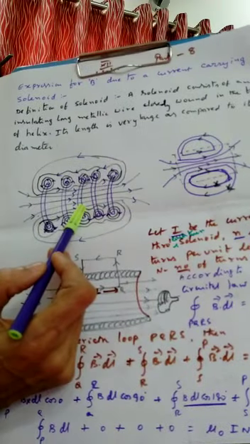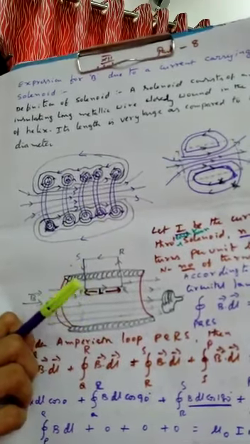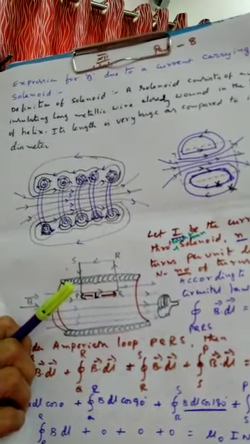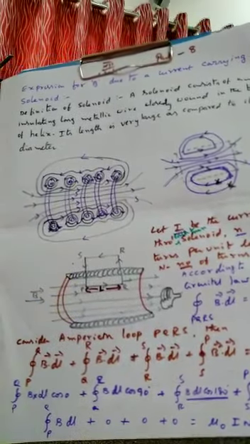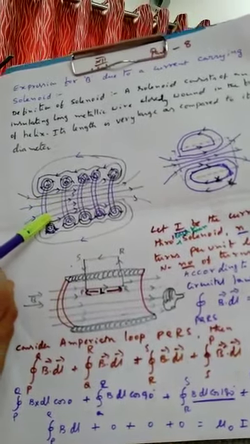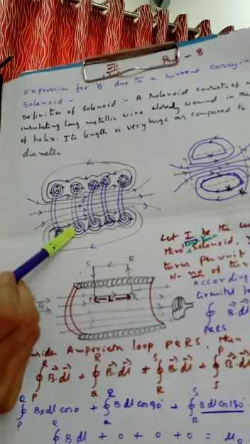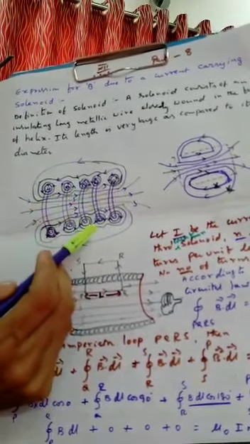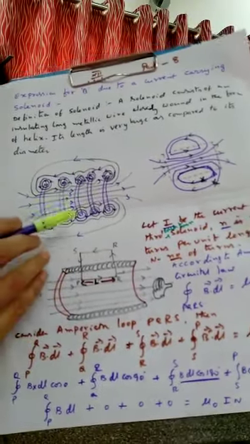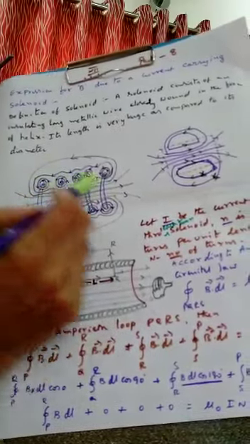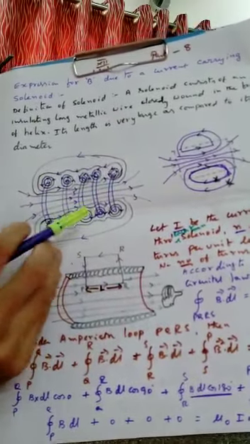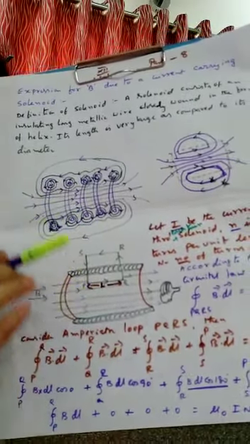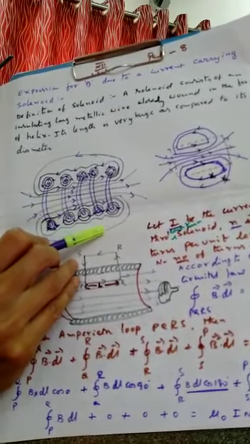There is one point which may be asked in the board examination. How do you get a uniform magnetic field in the solenoid? Uniform and strong. For that, the windings must be wound such that the distance between two windings is 0. It should be very closely wound.